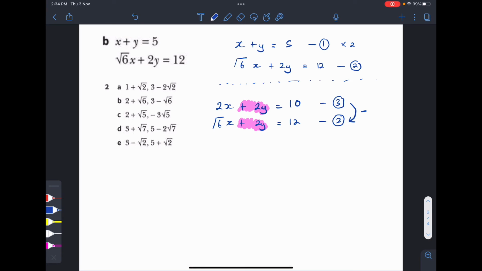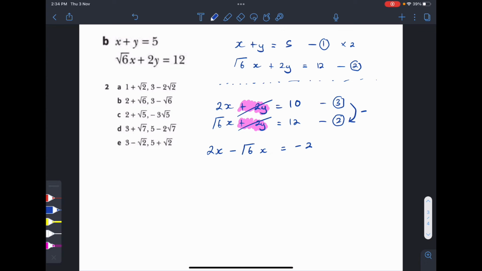Okay, so 2x minus 6x, positive 2y minus 2y, that just pretty much cancels those out, and 10 minus 12, that is negative 2, right? Okay, so we've got our equation. I'll name it later. Let me just do some work first on the factorizing, and then we'll name our equation later. Equation number 4.